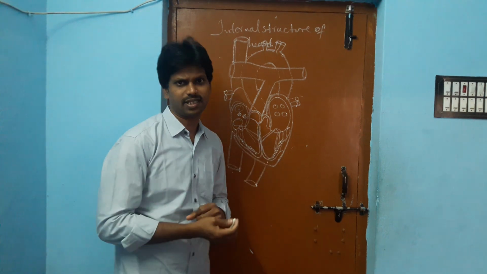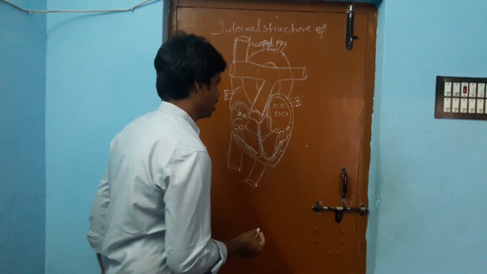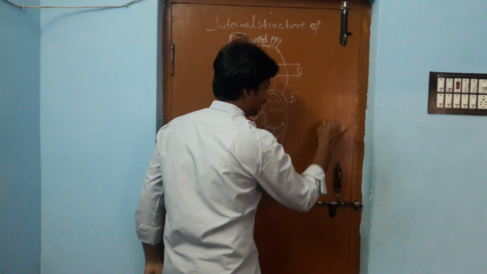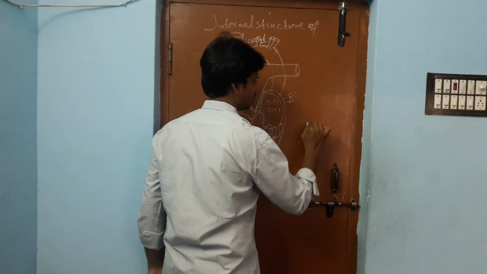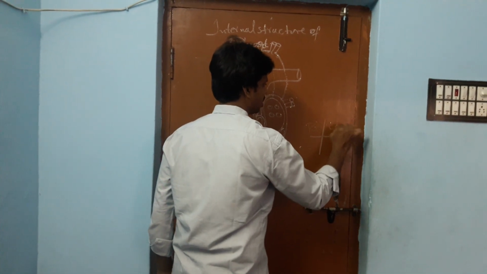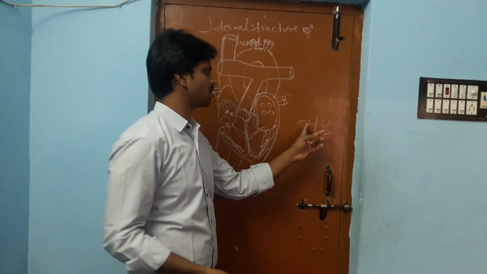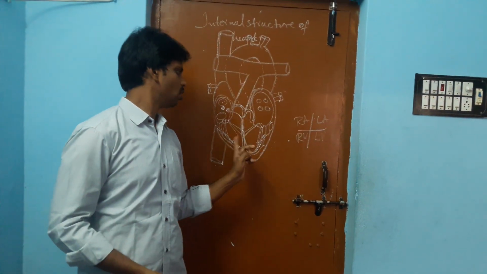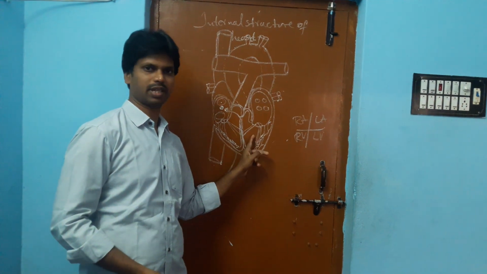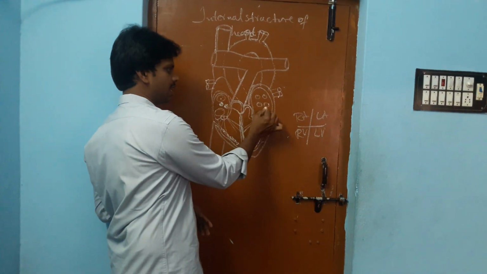How to understand the internal structure of the heart? I would like to show a simple diagram. You know that upper chambers are called auricles. These are auricles. Lower chambers are called ventricles. These are ventricles. This is right auricle and this is left auricle.